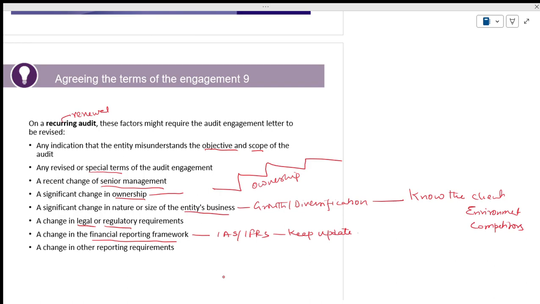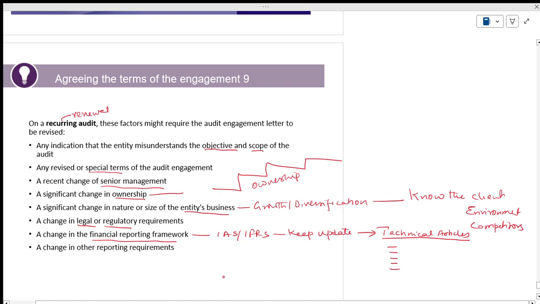Apart from that, from an examination point of view, there will be some technical articles. The moment you get your registration in your portal, they will give you access to technical articles. About 1 month before the examination, read these technical articles.